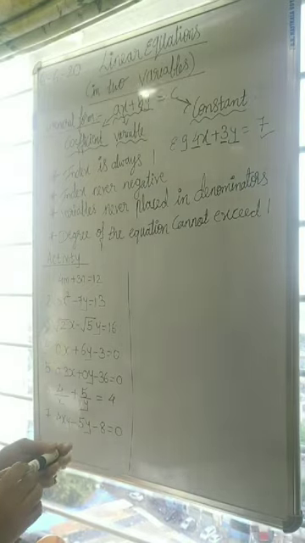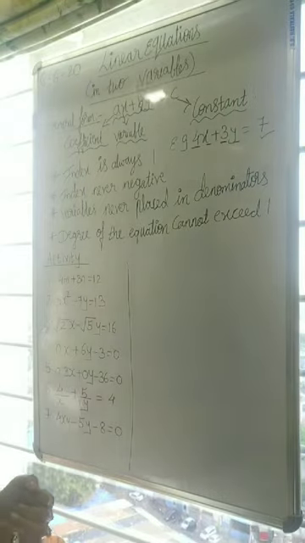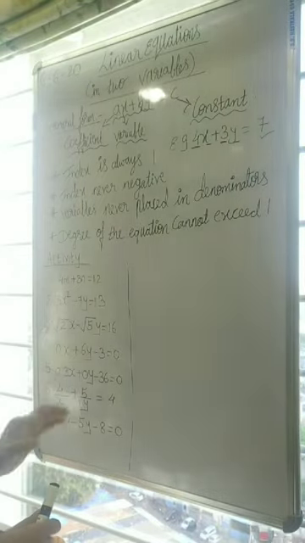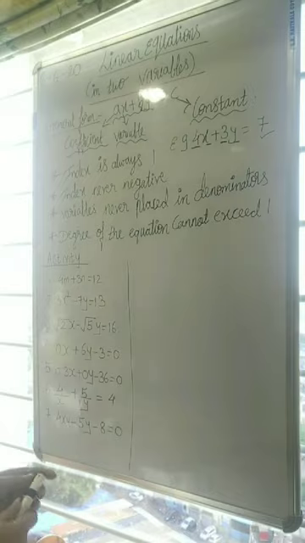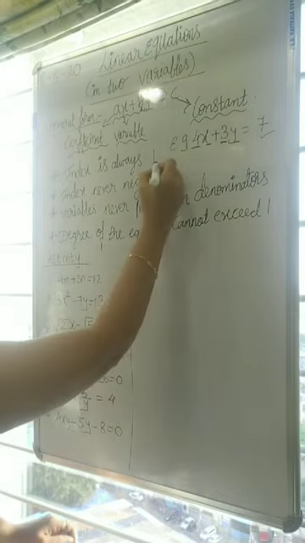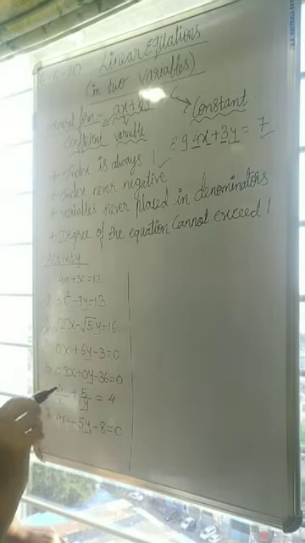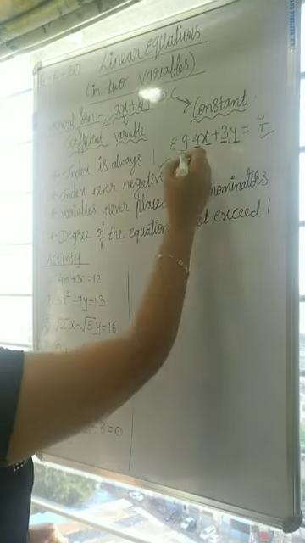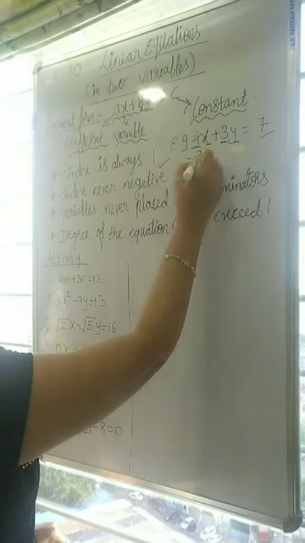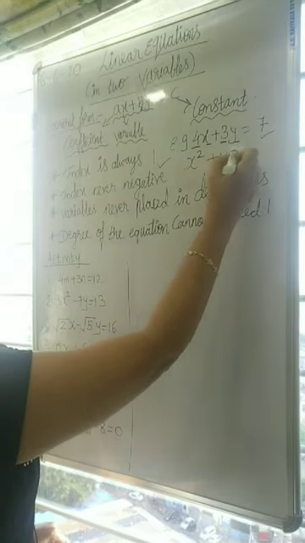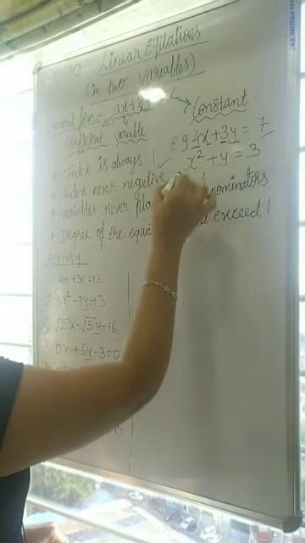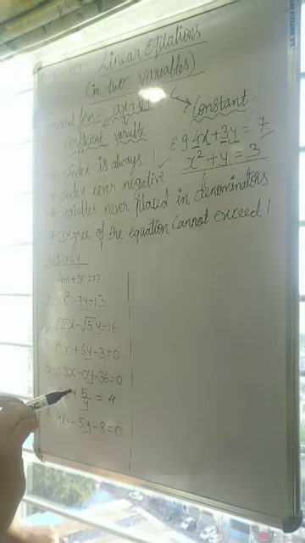Now to identify any given linear equation in two variables, there are some hints that you need to follow. Every time the index of any given linear equation should be 1 and not more than 1. If you have an equation like x square plus y is equal to 3, can I say that it is a linear equation?